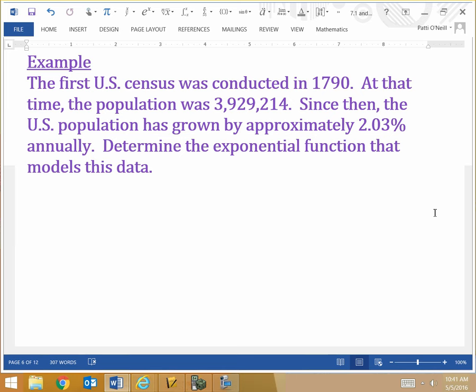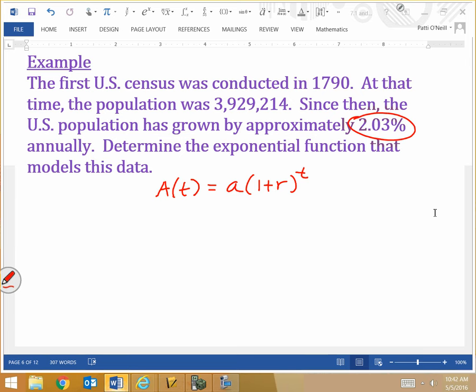So when I want to determine an exponential function like this, and I know that a percent is mentioned, I'm going to try to fit that formula, A of t equals a times the quantity of 1 plus r to the t power. And I need to find the different components of that formula within our problem.